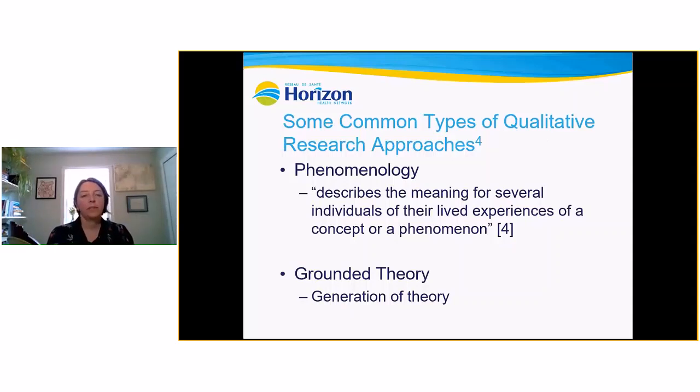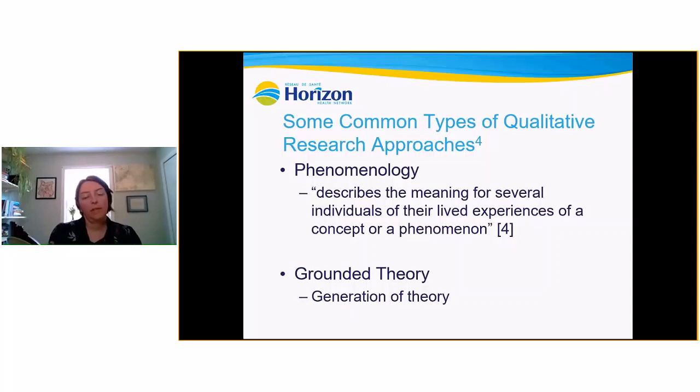And so phenomenology is very common in health research. You're asking people about their lived experiences, or you're trying to get at how a group is experiencing something.